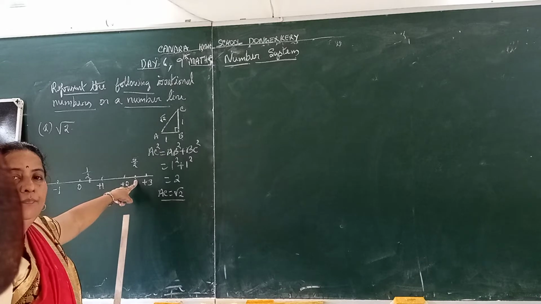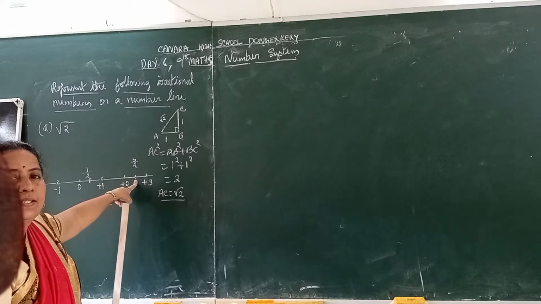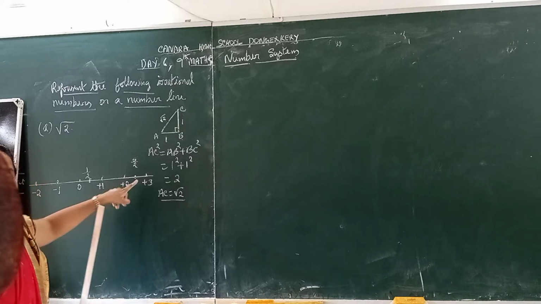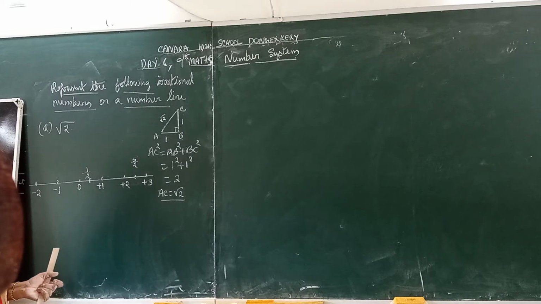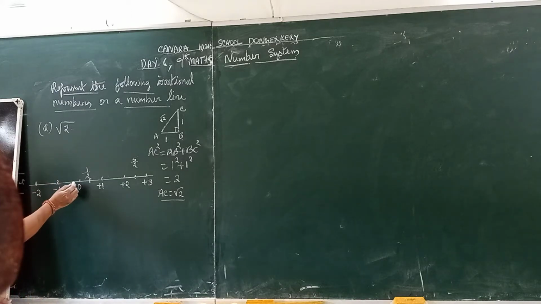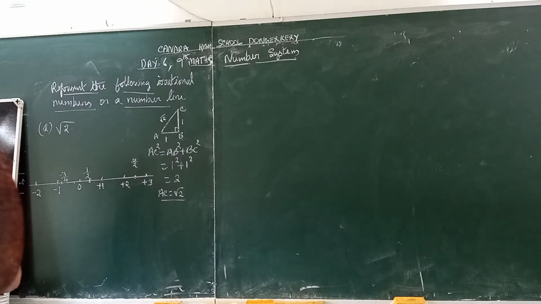If I take minus 7 by 2, it comes between minus 3 and minus 4. If I take minus 3 by 4, between 0 and minus 1, 4 partitions have to be made, and the third one is minus 3 by 4.